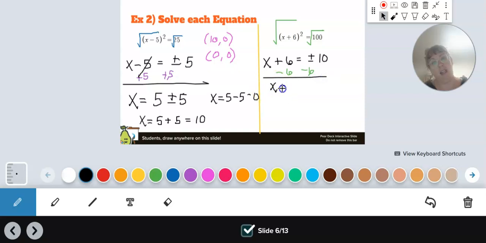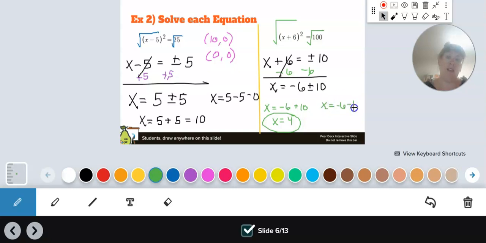And we get x equals -6 plus or minus 10. So our two solutions are -6 plus 10, which gets us 4, and -6 minus 10, which gets us -16.